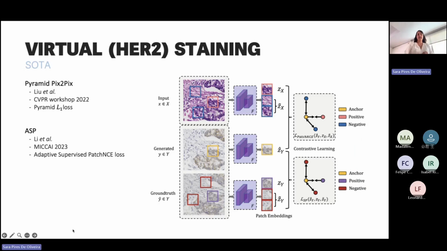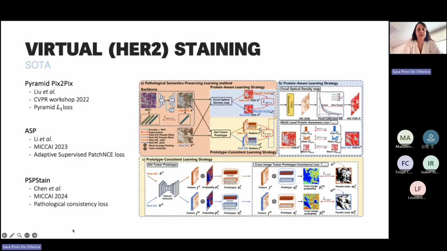And then after this, Lee et al. in 2023 extended the pyramid pix2pix, adding a contrastive learning objective that they call adaptive supervised PatchNCE. So that's why it is called ASP. And then we have the third, that is PSPStain by Shen et al.